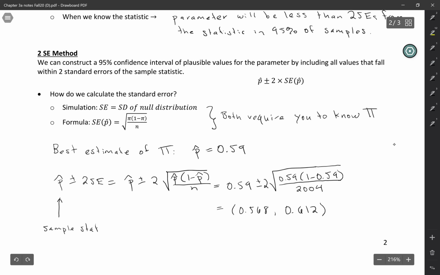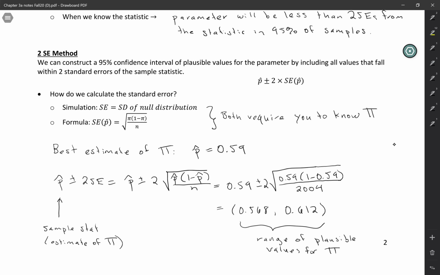So p hat here is our estimate of the parameter, our estimate of pi. And then we give ourselves a little bit of wiggle room by adding and subtracting 2 standard errors on each side. And then at the end, we've got this range of values. And this is the range of plausible values for pi. So we think that our population parameter is somewhere between 0.568 and 0.612.